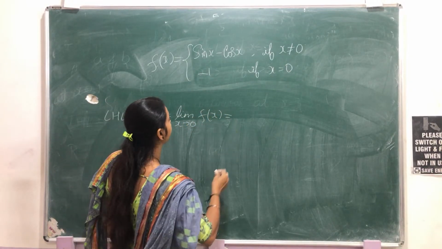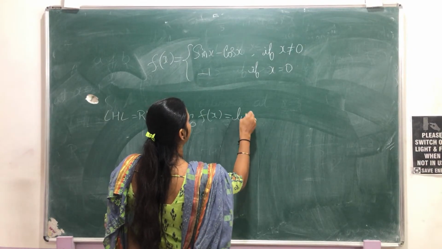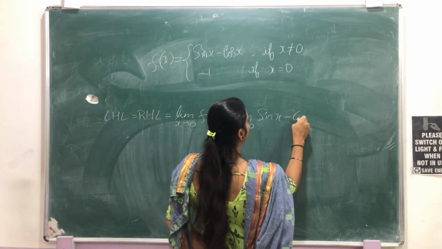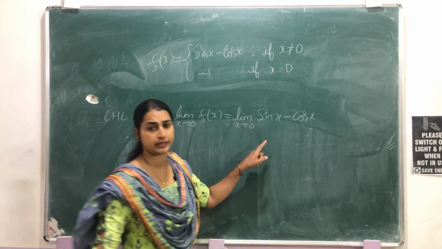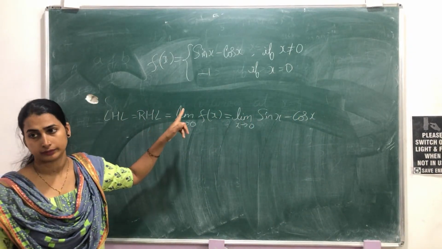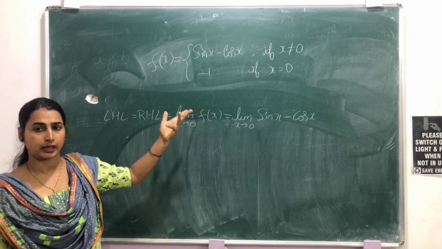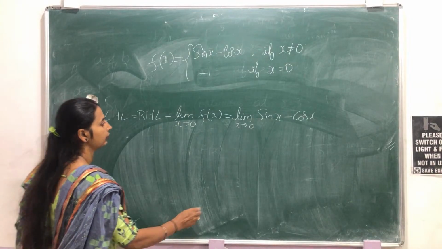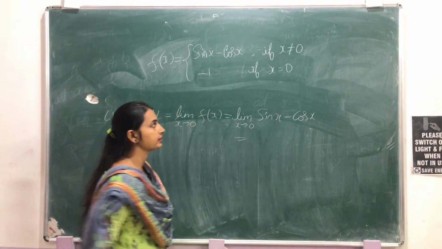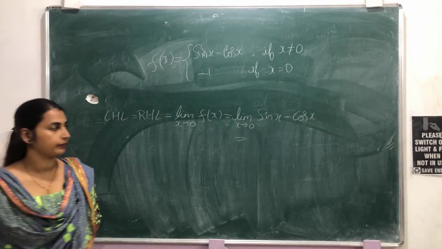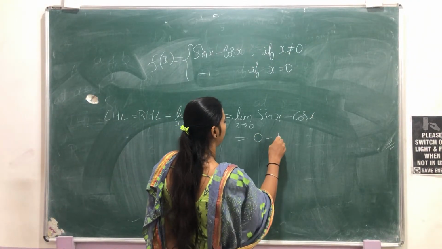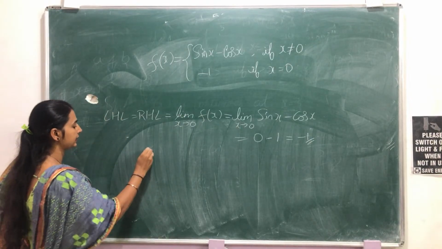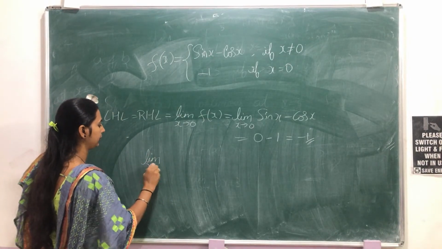In this case, what is f of x? sin x minus cos x. Here I will not use any symbol because it can be both. Not equal to 0 means it can be anything, less than 0 or greater than 0. Now substitute x as 0. What is sin 0? 0. What is cos 0? So the answer is minus 1. What exactly is the limit of f of x as x tends to 0?